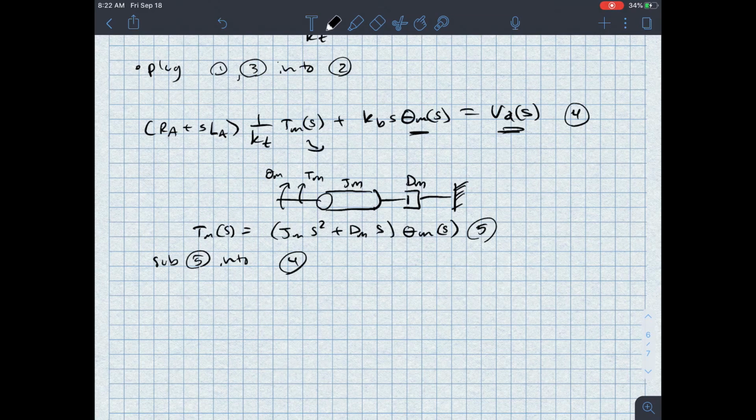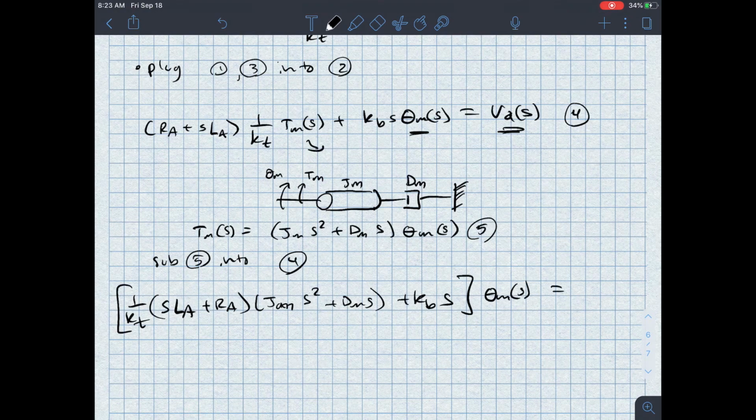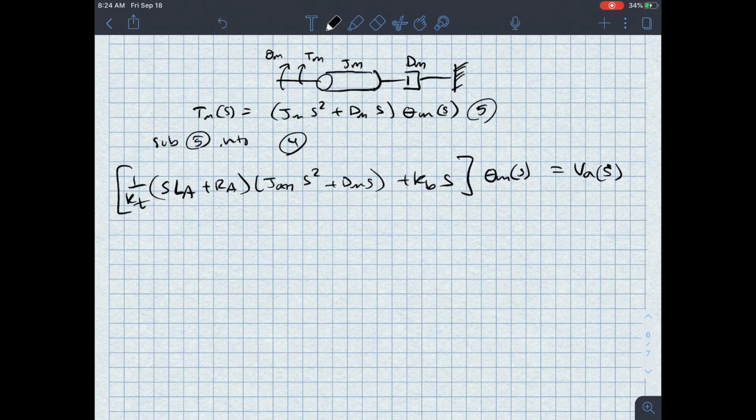I'm going to end up with sLa plus Ra times Jm s squared plus Dm s, all multiplied by 1 over Kt, plus Kb s, all times theta m(s) is equal to Va(s). Now we have this entire expression in terms of Va and theta m.